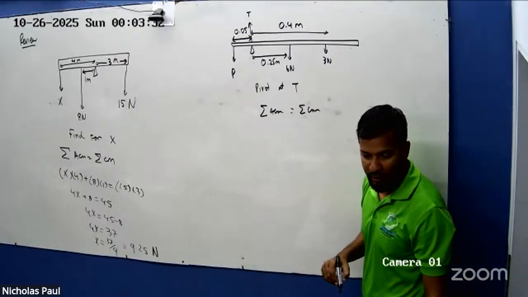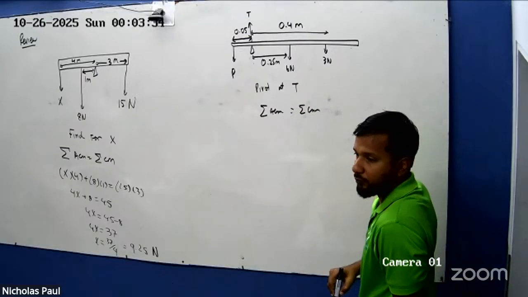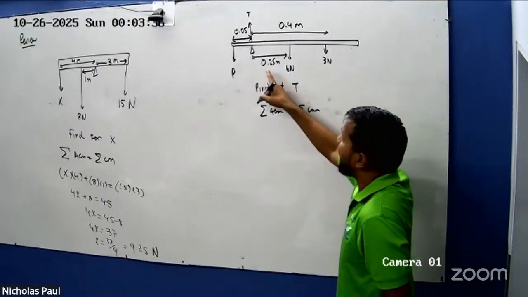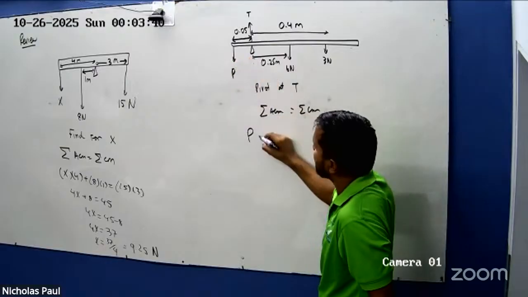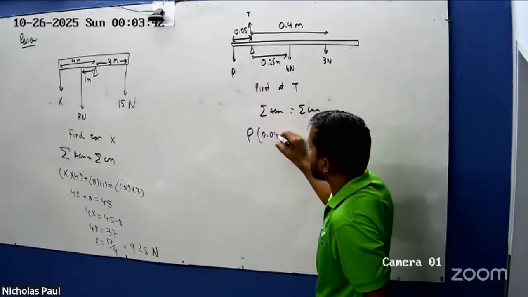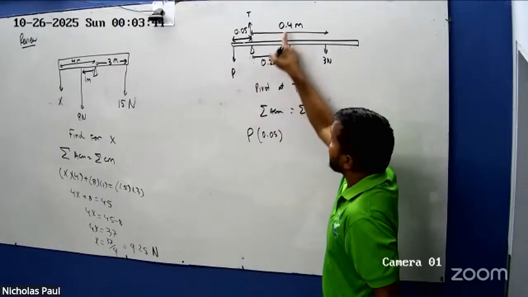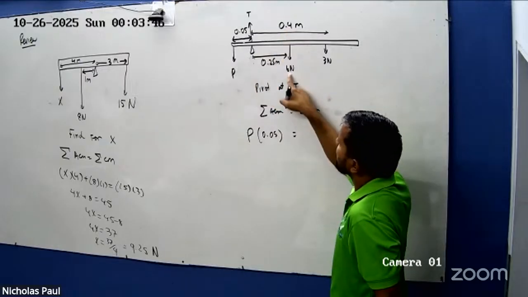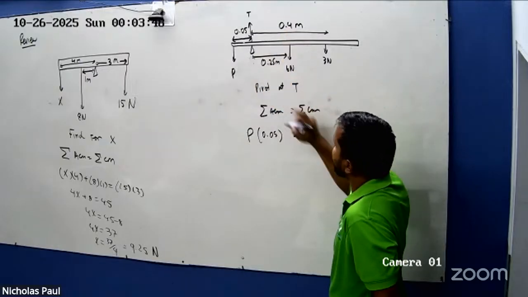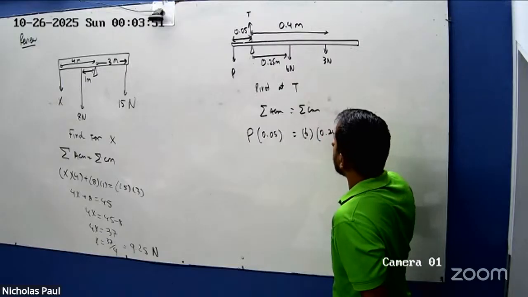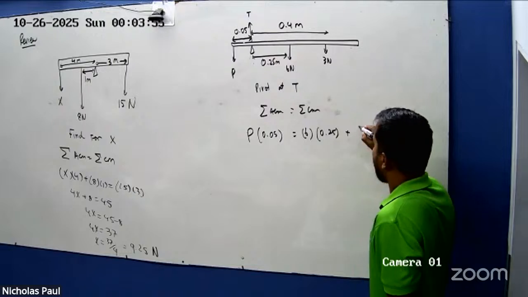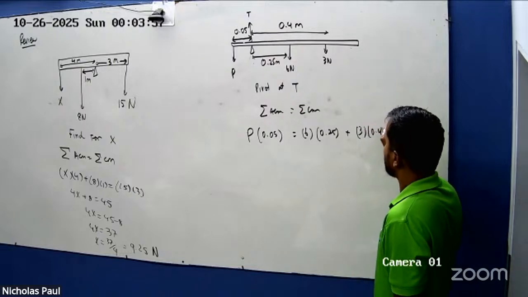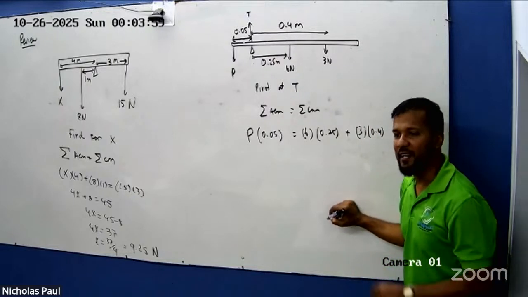So anticlockwise is P. How far is P from the pivot? P is 0.05. So I put in everything you needed, right? Clockwise will be what? 6 by 0.25 plus 3 by 0.4.